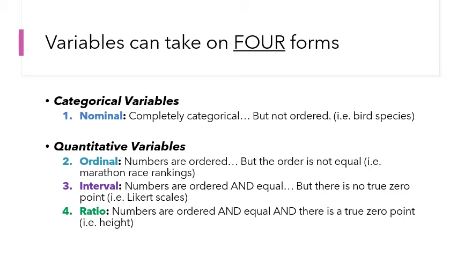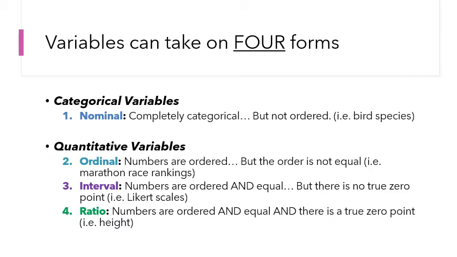Now ratio scale takes on all these qualities. The numbers are ordered, there's a difference between 1 and 2 and a difference between 2 and 3 that's equal, and there's a true 0 point. So for example, take height. It's possible to have no height at all or no weight at all. There's a true 0 point, and that means something. And with ratio variables, you can oftentimes have a lot of unique properties.